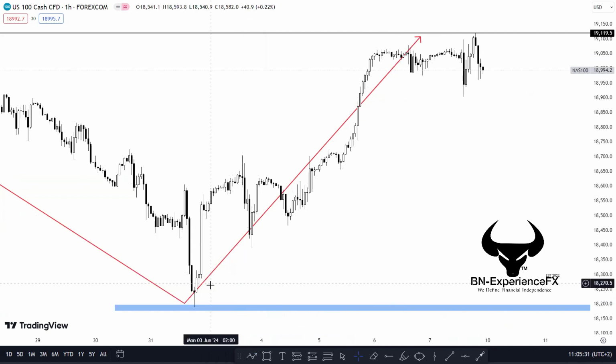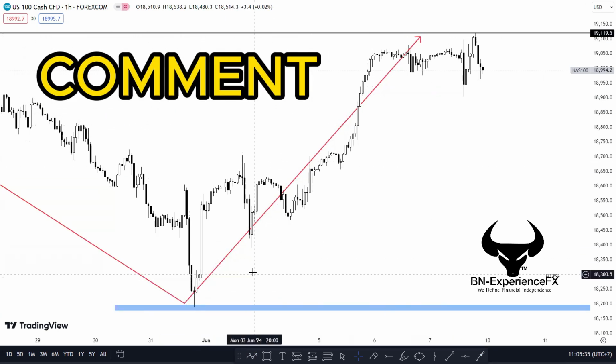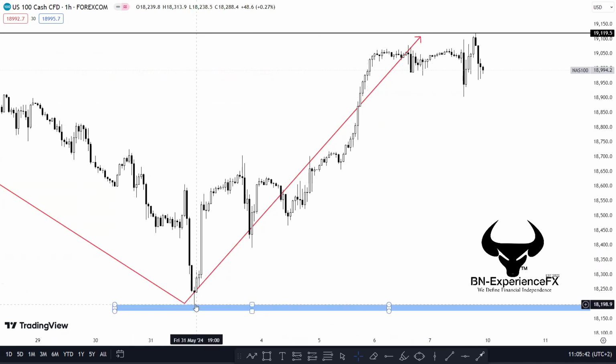Check where the price is starting: is it starting at the lowest point or at the highest point? In this case, it's starting here at the lowest point, and obviously price moves from left to right, meaning you read this price from the lowest to the highest. This is an inside structure that is bullish.